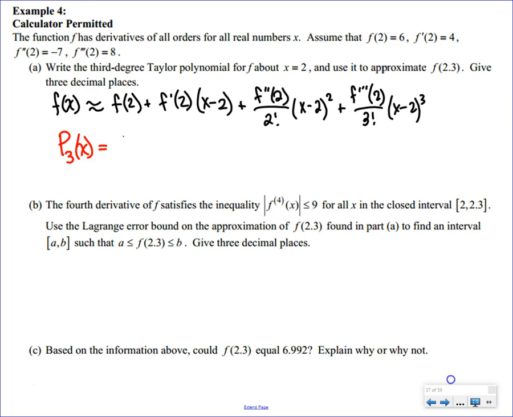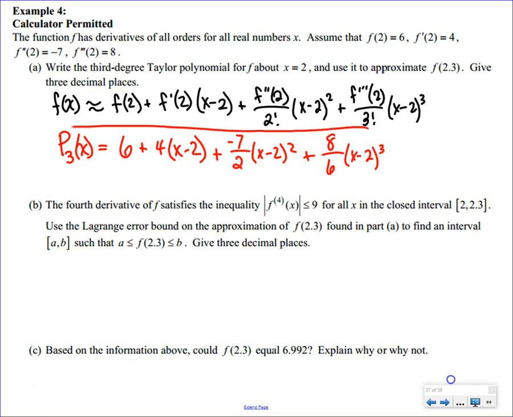F of 2 is equal to? F prime of 2 is equal to? F double prime of 2 is equal to? F triple prime is equal to? Is this alternating? Remember, long answer. Which means you probably should have just left the factorials also.